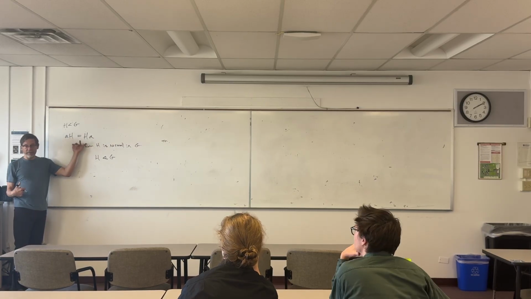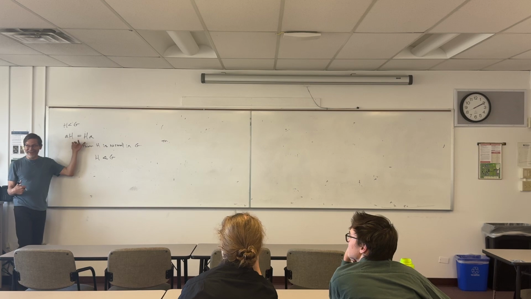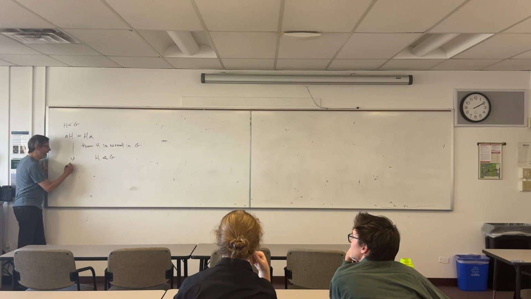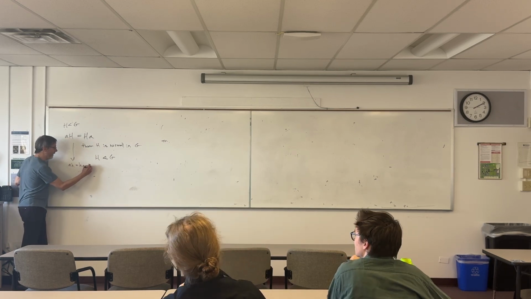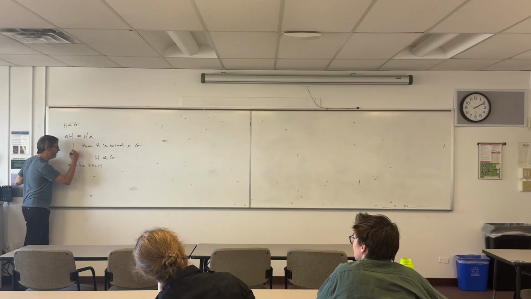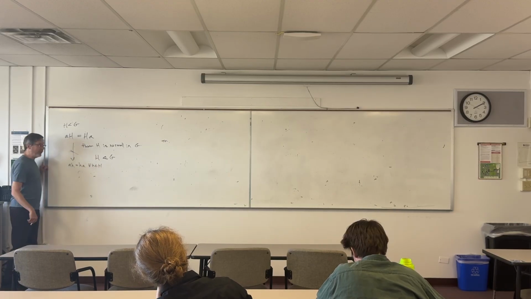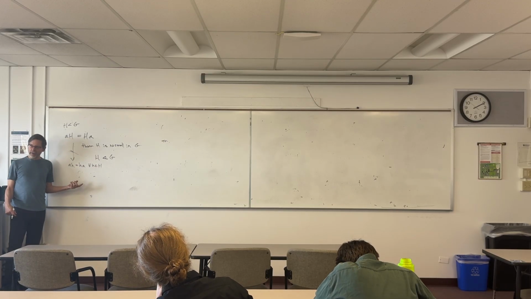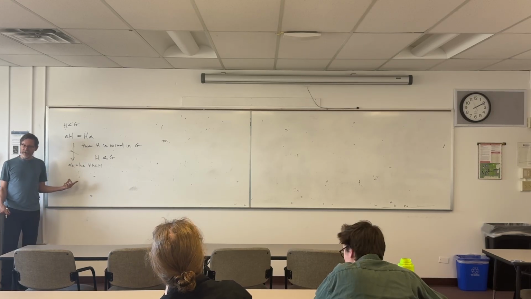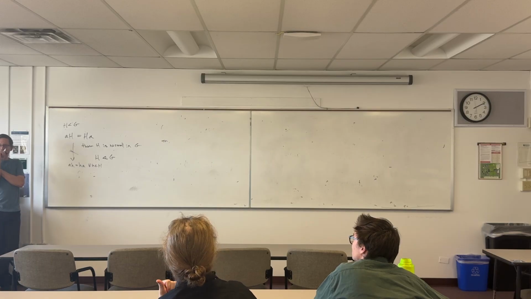Now this doesn't mean, and I really want to make this clear, this does not mean that ah equals ha for all h and a. What does it mean? It means all the left cosets are equal to all the right cosets, doesn't it?